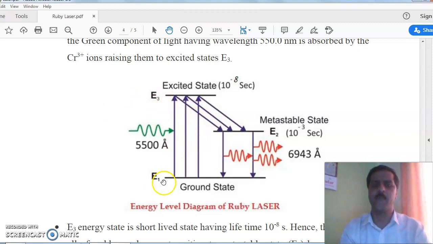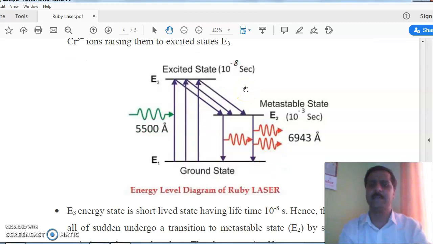Here in the diagram, E1 is the ground state and E3 is the excited state. A photon having wavelength 5500 angstrom, green in color, is absorbed by a chromium ion in the ground state, and by induced absorption the chromium ion goes to the excited state. Here in the diagram, the lifetime of the excited state is 10⁻⁸ second.